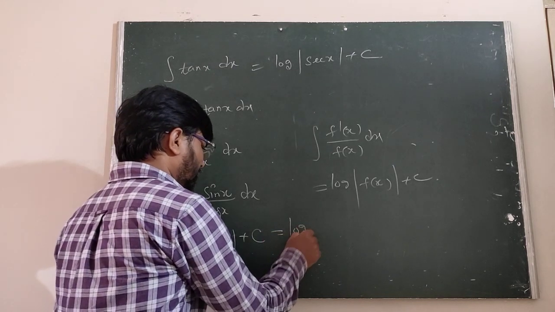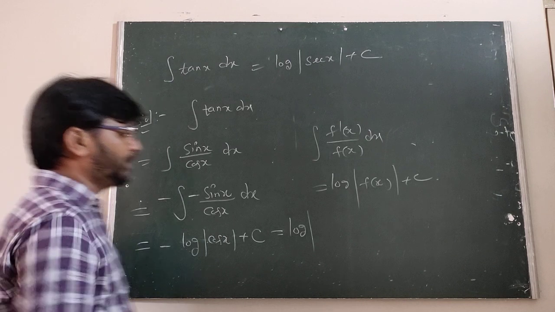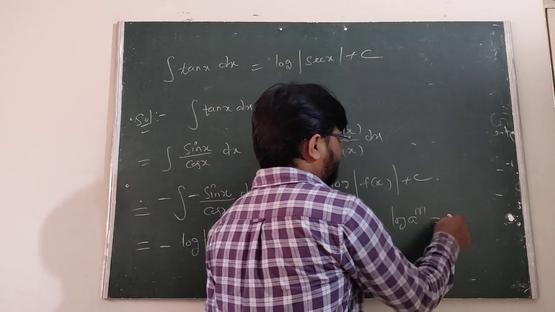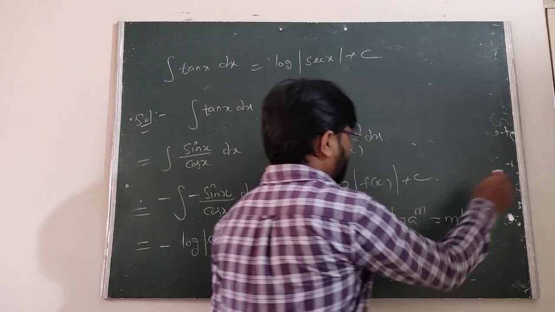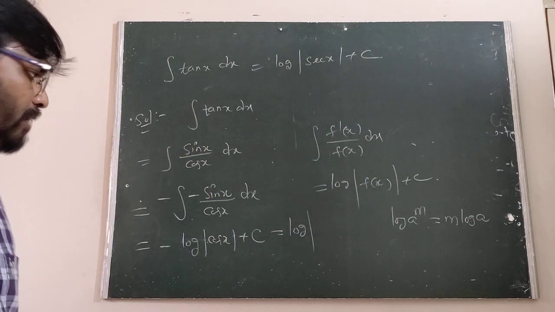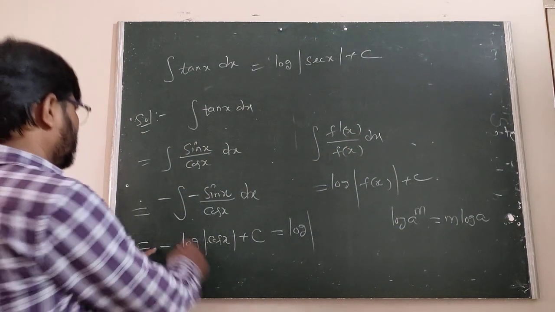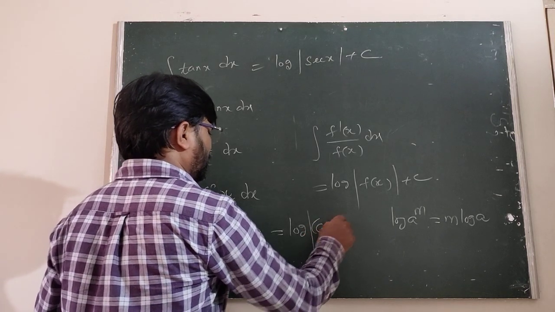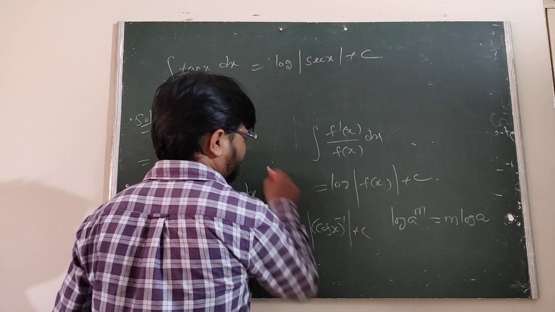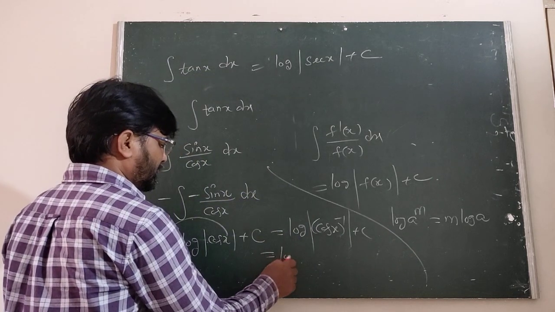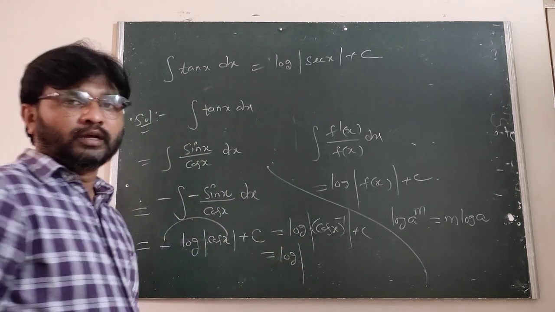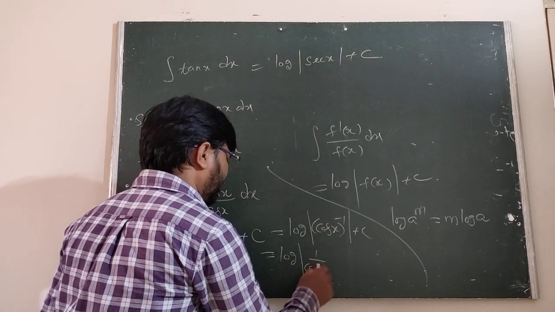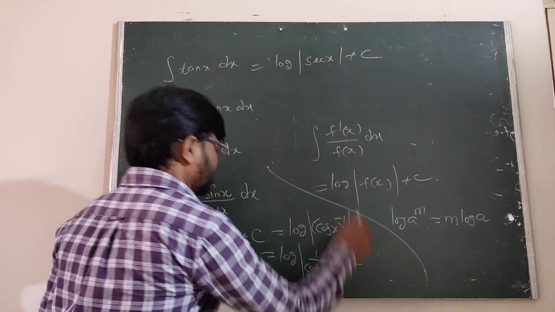Now we know the logarithm formula: log a power m is m log a. Therefore, this can be written as log mod of cos x whole power minus 1 plus c, which is log mod of 1 by cos x plus c.